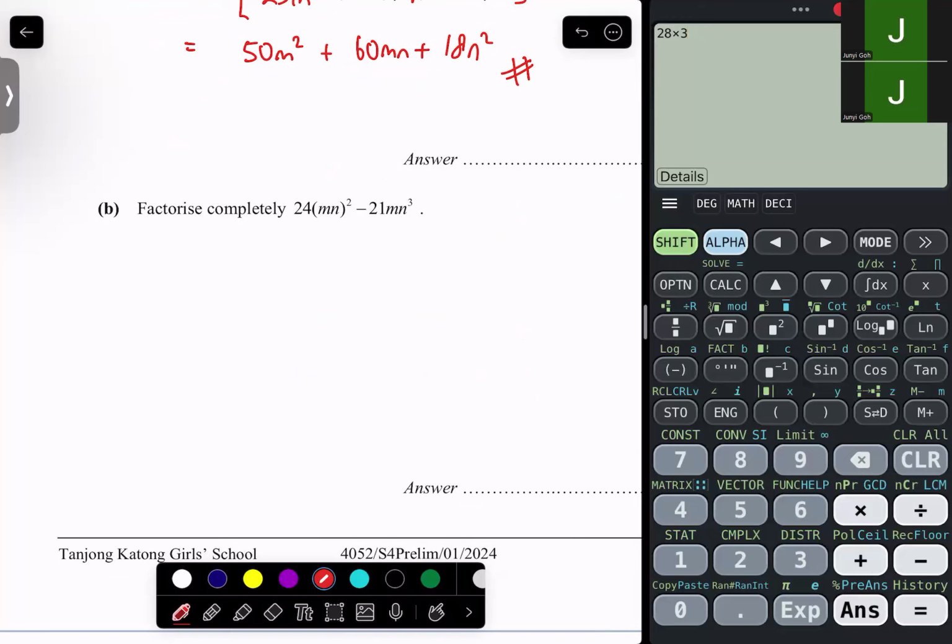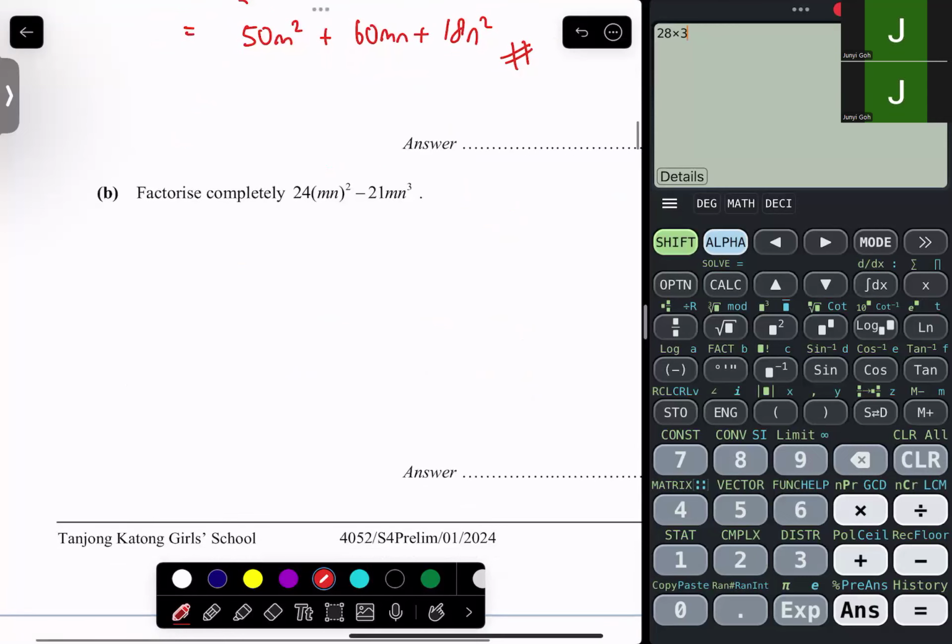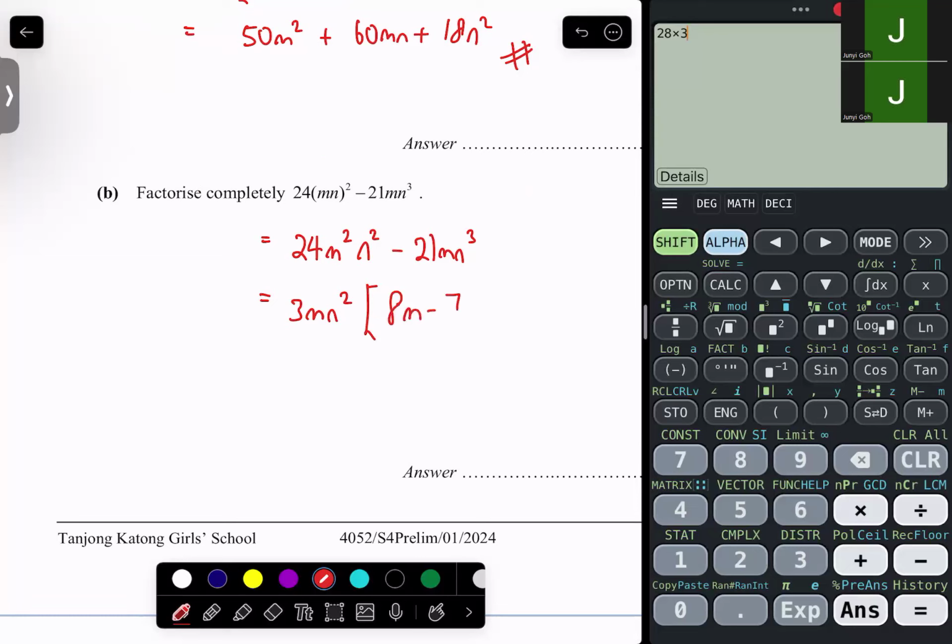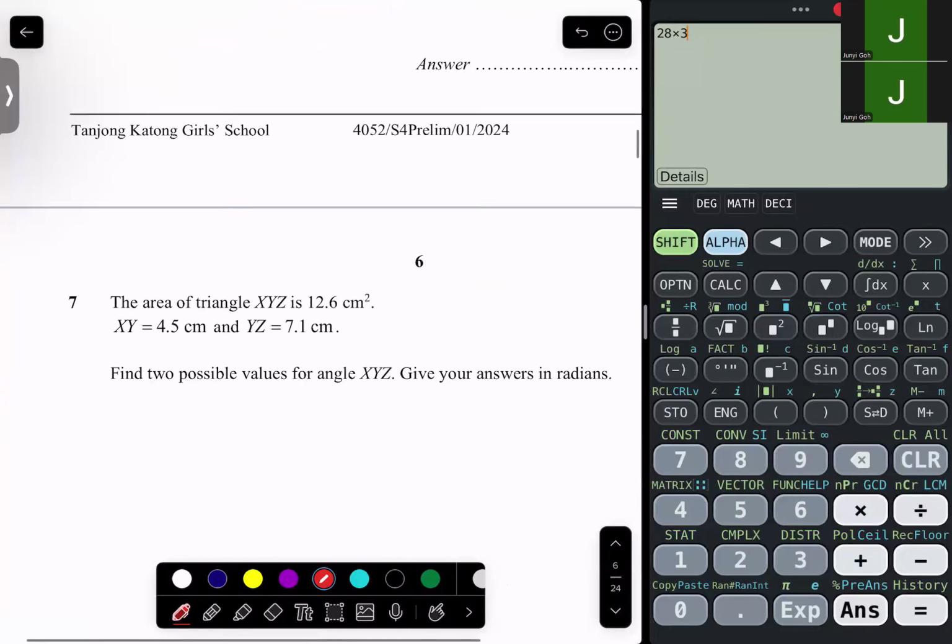If I expand out here, I will get 24m squared n squared, because the square only belongs to the bracket, minus 21mn cubed. So over here, we have 3mn squared as a common factor, which factorized out gives me 8m minus 7n. So this is my answer. This is just a simple take out common factors.